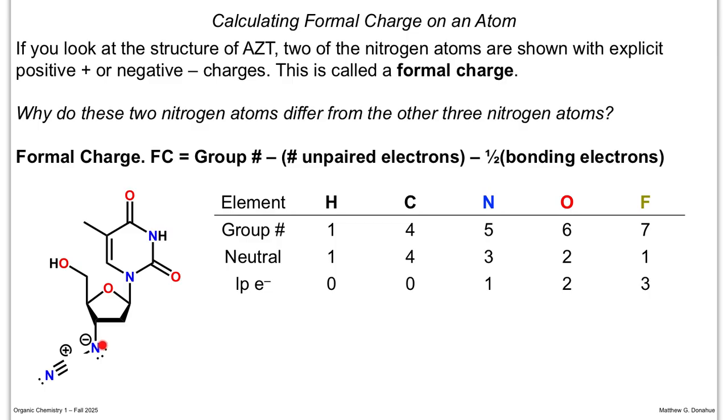If we focus on this nitrogen, visually you can tell it doesn't have 3 bonds and 1 lone pair. It has 2 bonds and 2 lone pairs. So it's not the normal pattern, so we have to calculate the charge. How do we end up with minus?